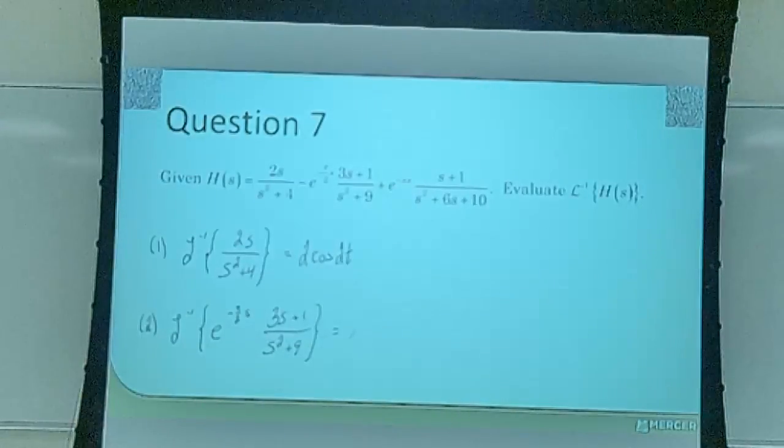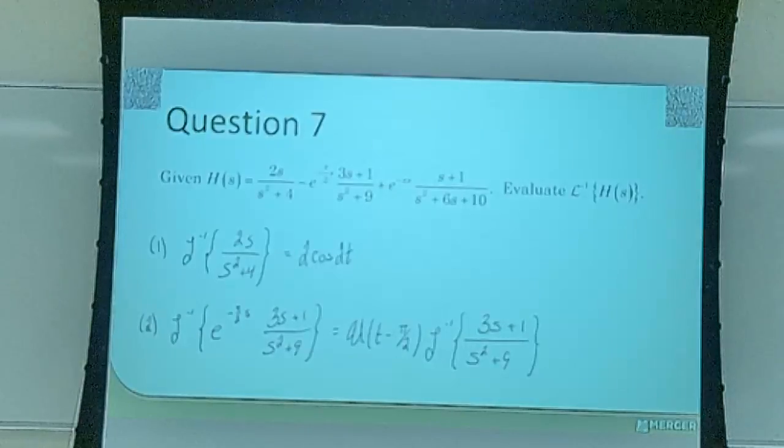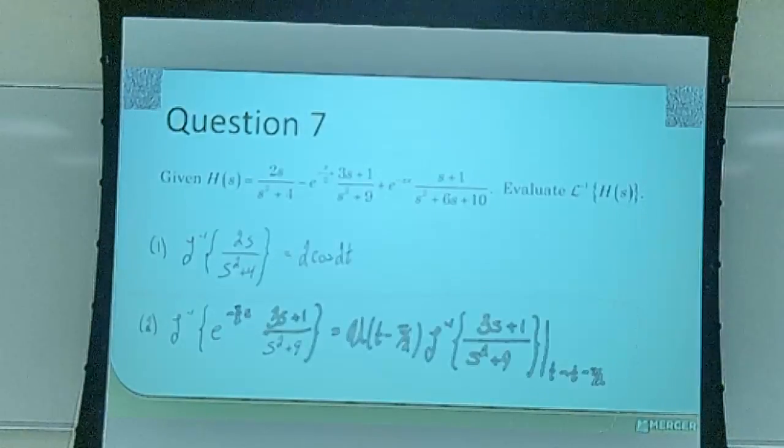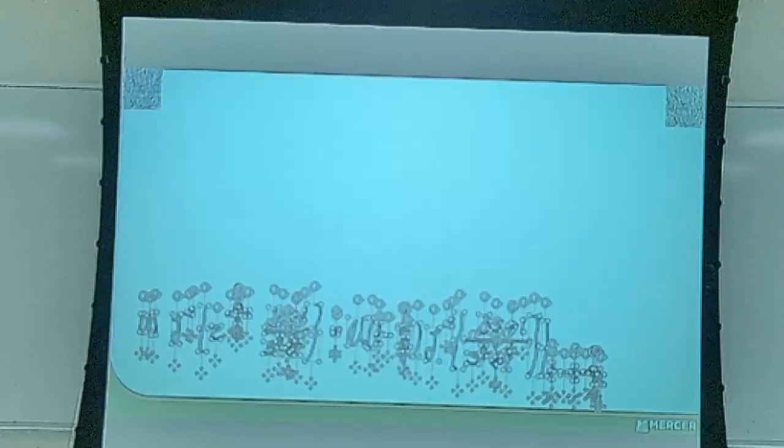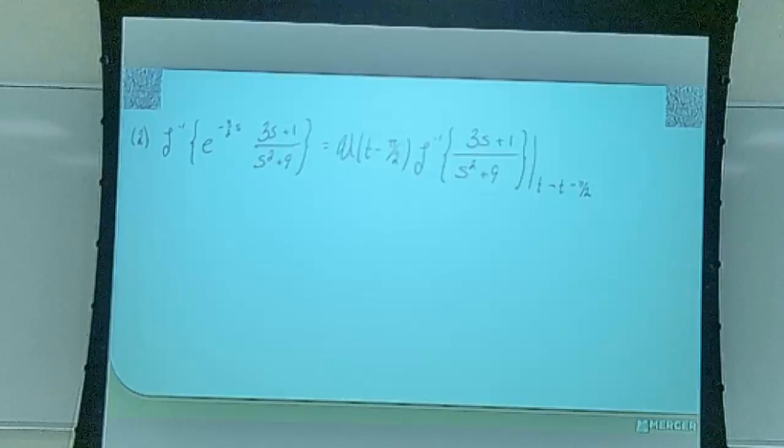The second one, this is going to be u of t minus pi over 2 times the transform of 3s plus 1 over s squared plus 9, evaluated at t equals t minus pi over 2. The inverse transform of 3s plus 1 over s squared plus 9.